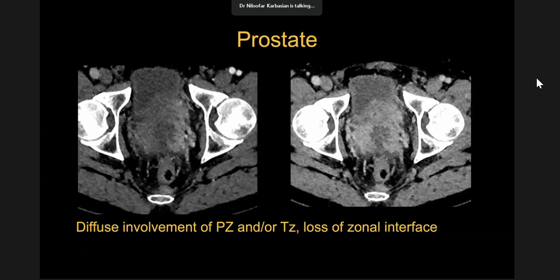But there are cases where IgG4 disease happens within the parenchyma too, but the classic look is outside-in disease with diffuse involvement of the peripheral zone, with or without involvement of the transition zone. And when it involves the whole gland, you lose the normal zonal interface of the prostate. This is an example of IgG4 disease in a prostate.